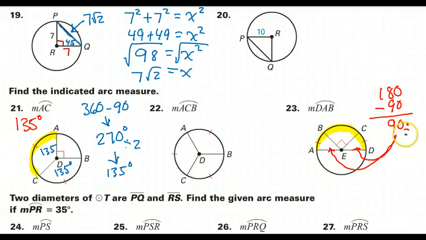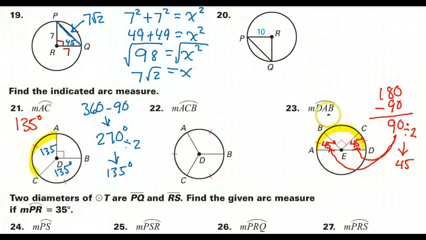So it's a matter of taking that 90 and dividing by 2, and of course 90 divided by 2 is 45. So this must be 45 degrees and this must be 45 degrees.